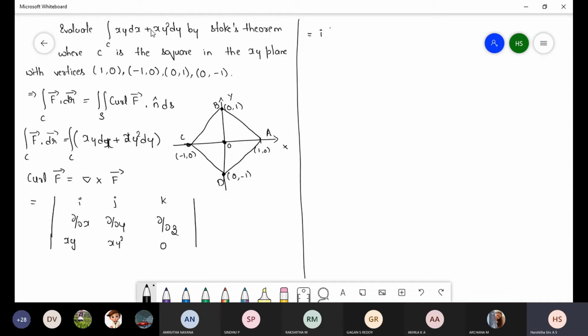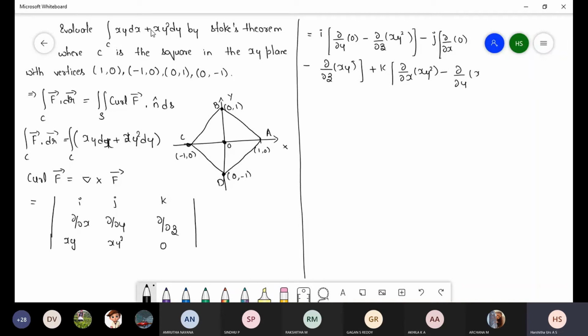Now i into dou by dou y of 0 minus dou by dou z of xy square, minus j into dou by dou x of 0 minus dou by dou z of xy, plus k into dou by dou x of xy square minus dou by dou y of xy.